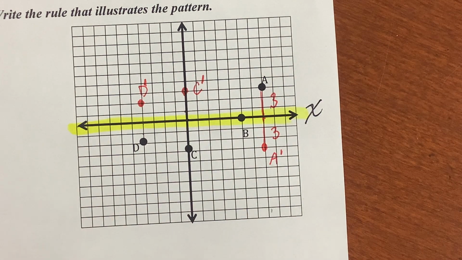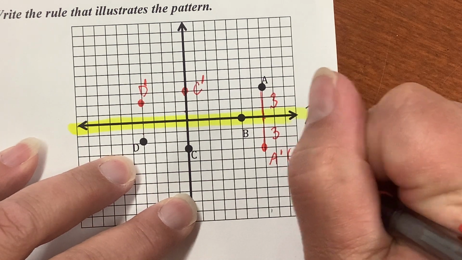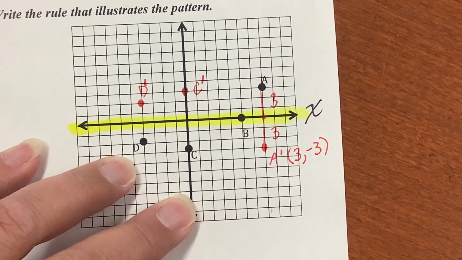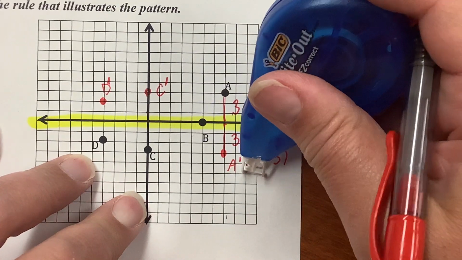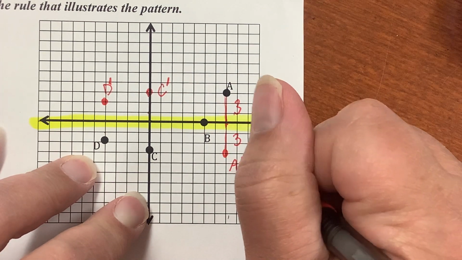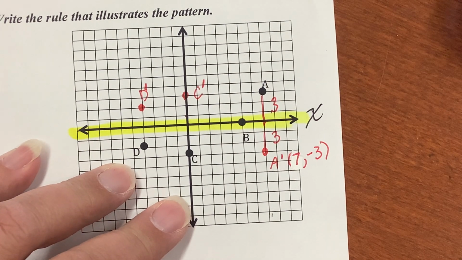All right, now the original points are all the same as they were above, but let's write the coordinates for the new points. The new A prime is at 7, -3. And B's on the line of reflection, so it does not move.